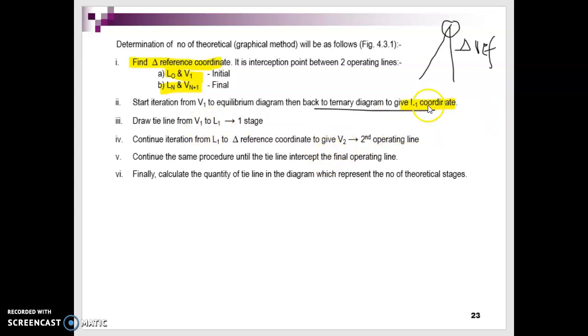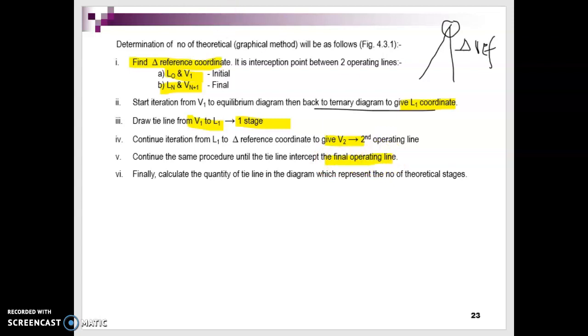So how do we calculate the stages? If we have one line for V1 and L1, we calculate one stage. We continue with L2, V2, second stage. Continue the same procedure until the line intercepts the final operating line, or as I said earlier, your value for Ln.